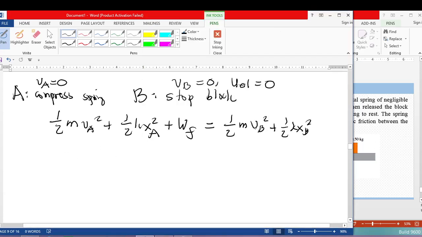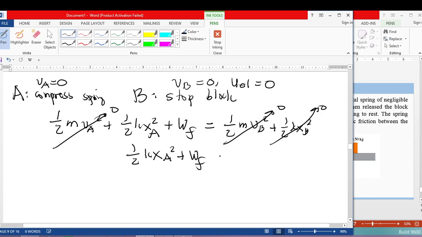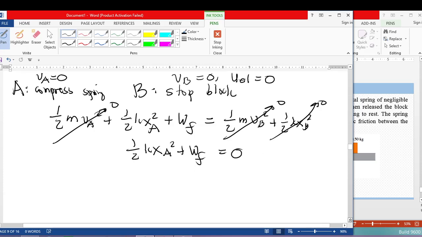So all of this on the other side of the equation is 0. So we have 1/2 k xA squared plus the work done by friction equal to 0.